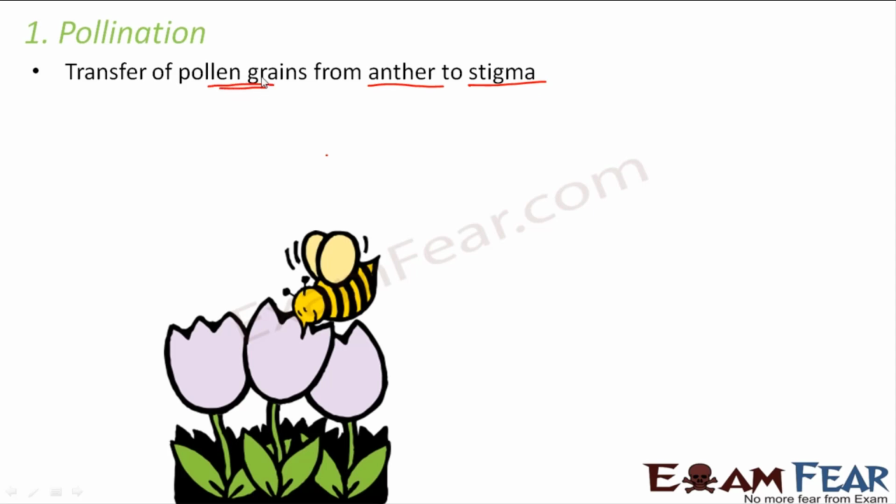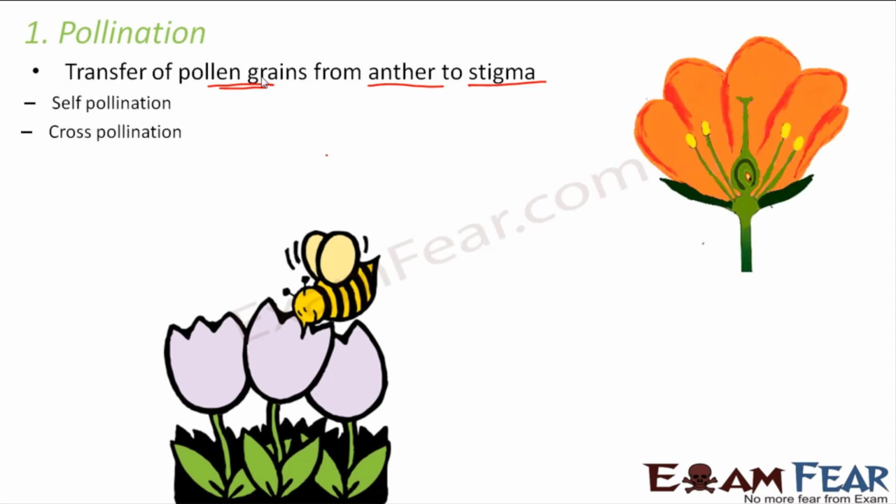In order for the pollen grain to meet the egg, it has to go to the female reproductive part, that is, the pollen grains will have to reach the carpel. Which part of the carpel will the pollen grain reach? The stigma, right? The pollen grains are present in the anther, so they have to move from anther to stigma. This transfer of pollen grains is known as pollination, and that is the first step of sexual reproduction, because first of all, the pollen grains will have to reach the female reproductive part.